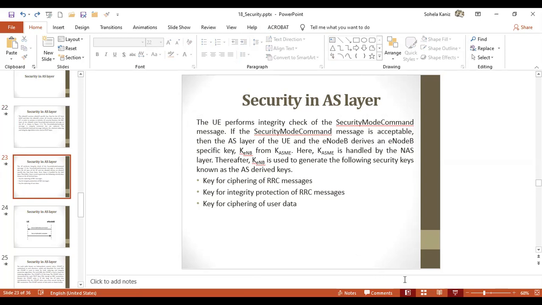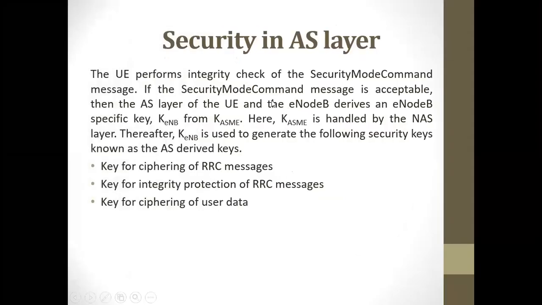Yes, sir. So as you can see, the eNB derives some key called KeNB from KASME. That's why I said that indirect thing. And that key KeNB will be used to generate the keys for the security algorithms.